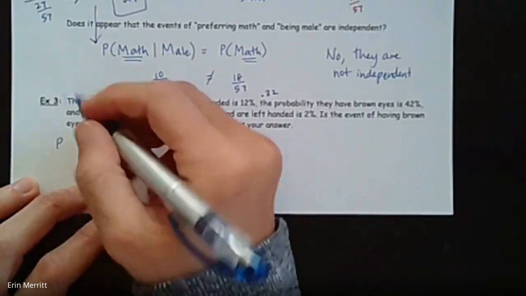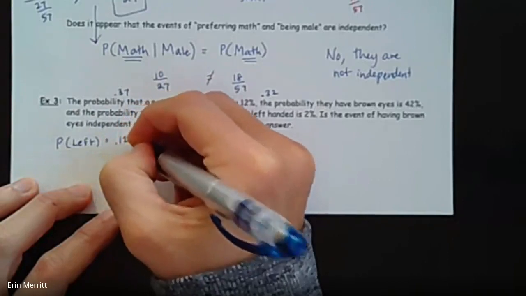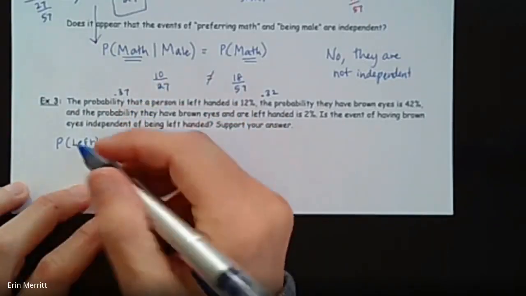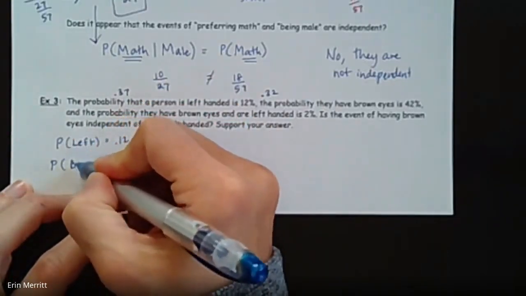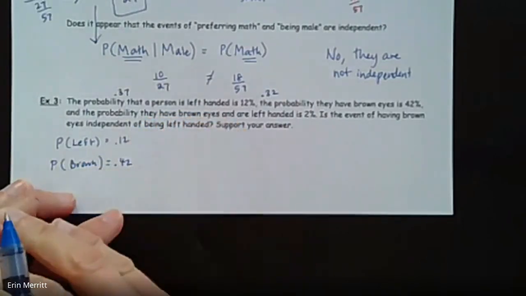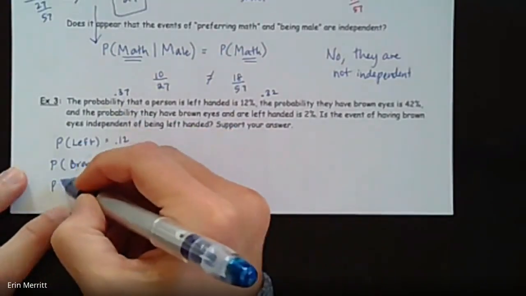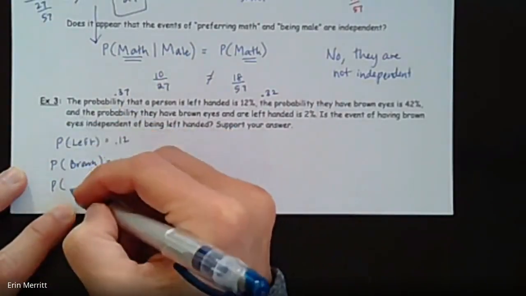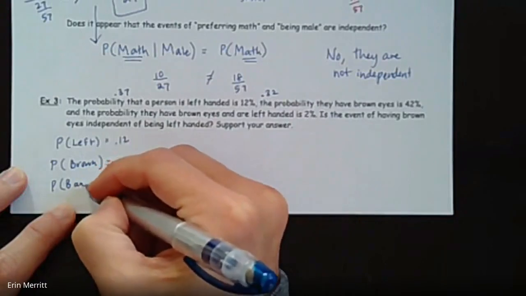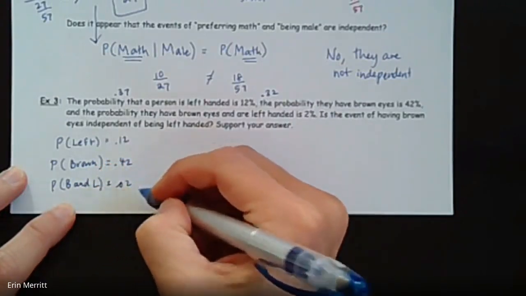So the probability that you're a lefty is 12%, so I'm going to make that 0.12. The probability that you have brown eyes is 0.42. And the probability they have brown eyes and are lefties, so both, I'm going to say brown and left, I'm just abbreviating there, 0.02.